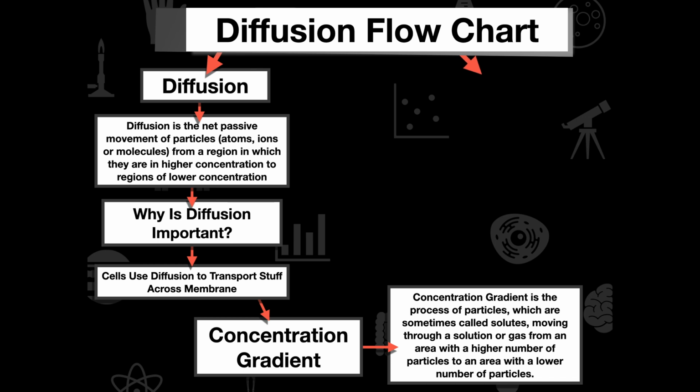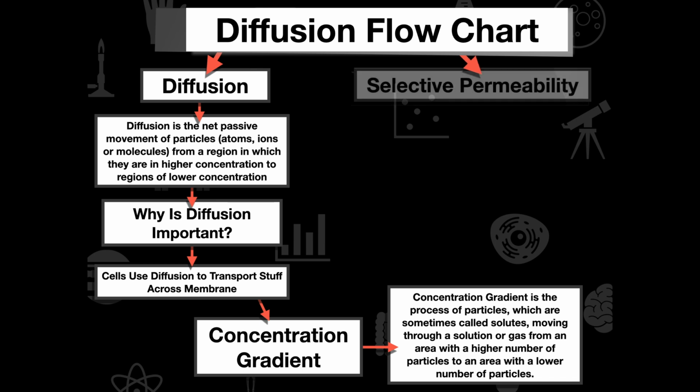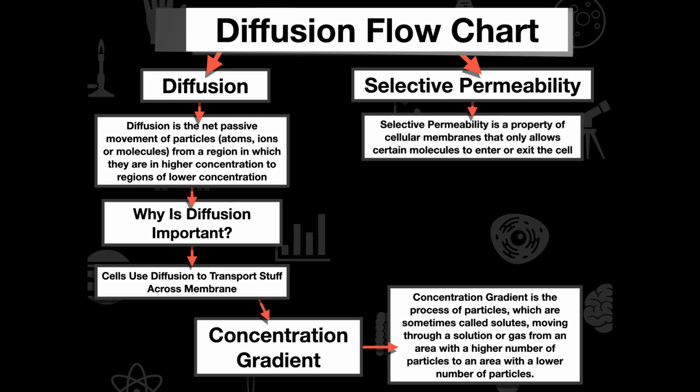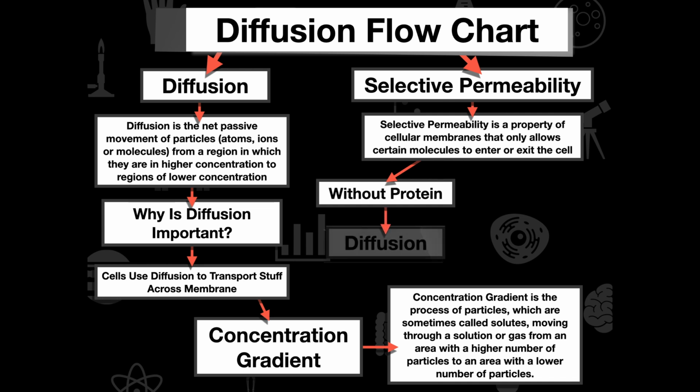Now, the other concept that we learned about in this video is selective permeability. Selective permeability is the regulation of things entering into the cell. So if the molecules are small enough, they're going to move without a protein. They're just going to move through the cell membrane, and the cell membrane is going to regulate that diffusive process.